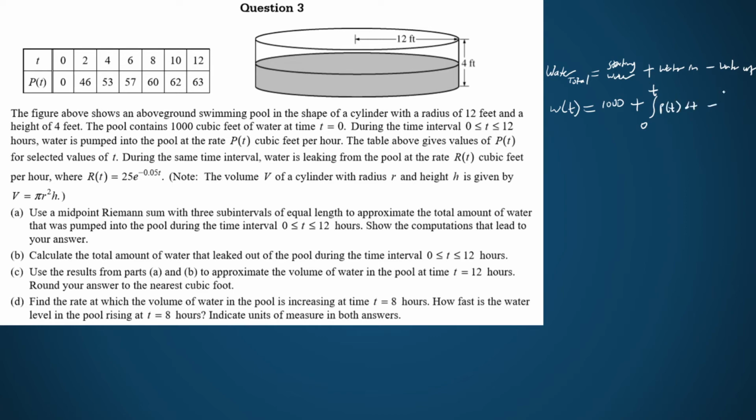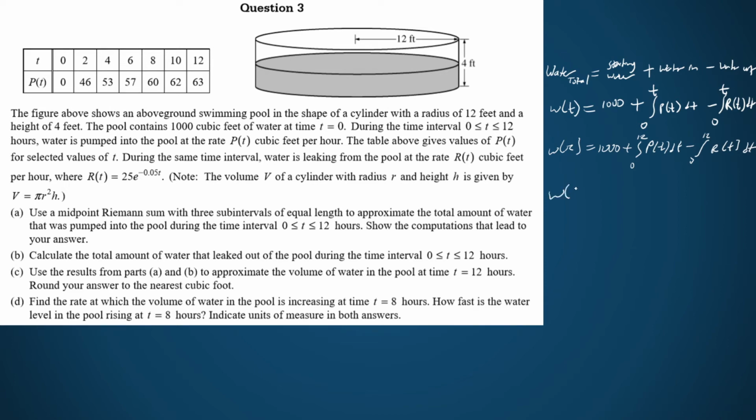Okay, minus the water that we drained out would be the integral from 0 to t of what? R of t dt. Okay, so if I want to find this at 12, we would do the same thing. 1000 plus the integral from 0 to 12 of P(t) minus the integral from 0 to 12 of R(t).